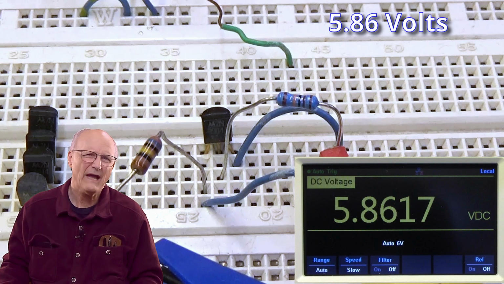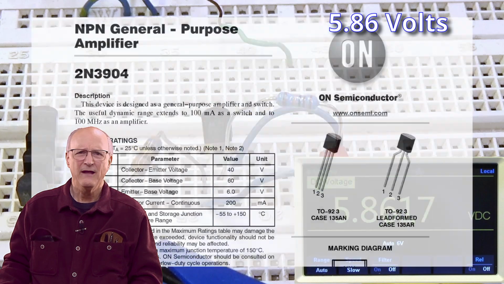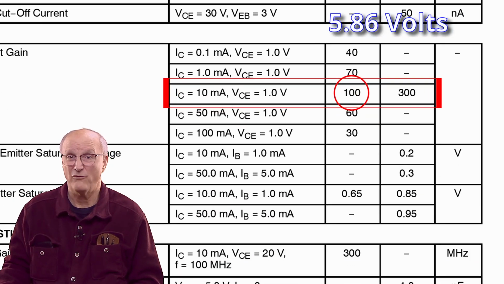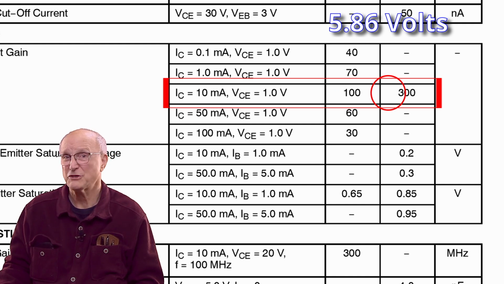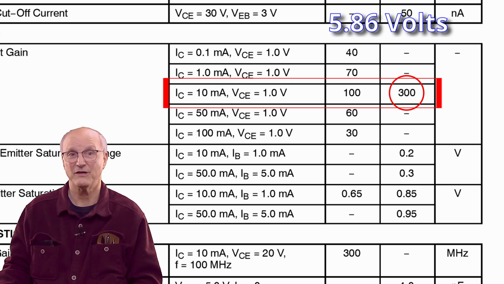But what happens if the transistor we happen to get doesn't have a DC current gain of 200? The datasheet says it could be as low as 100. That's half of what we used here. It also says that it could be as high as 300. That's 50% higher than what we used here.